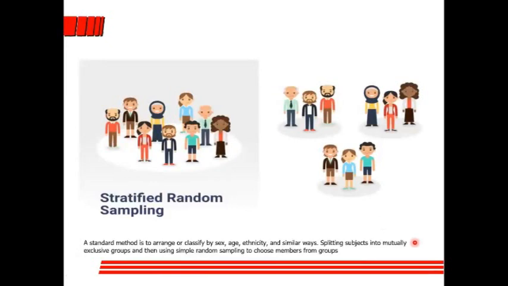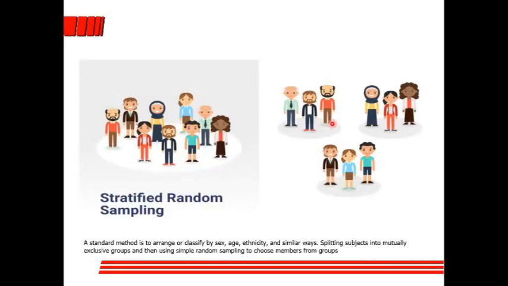Application naman nito, ang standard method naman natin is to arrange or to classify whether based sa sex, either female or male, or sa gender. Let's say gusto natin is yung mga senior citizen or mga teenager pa lang, ethnicity, and other similar race natin. Kung as observed dito, pwede natin sabihin na ito is in-arrange siya dun sa mga 40 and above.